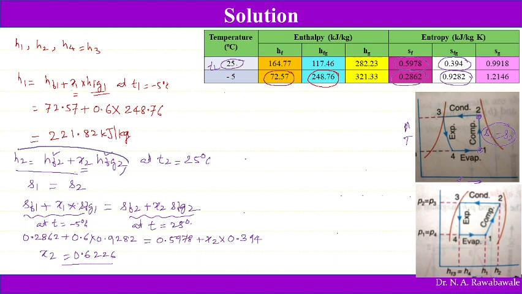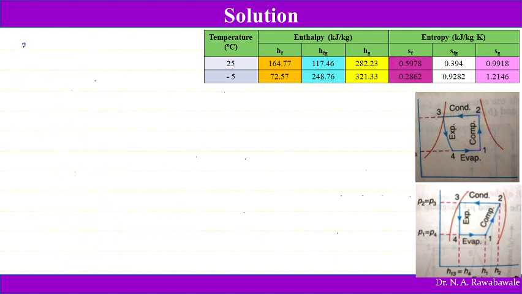As we know the dryness fraction at point 2, we can find out enthalpy at point 2. The dryness fraction at point 2 is 0.6226. Then enthalpy at point 2 is given by HF2 plus X2 HFG2.